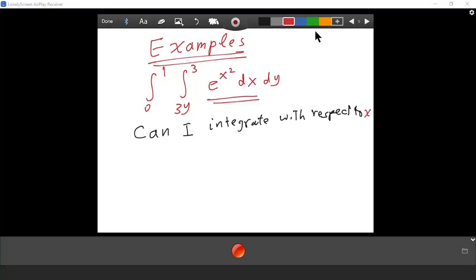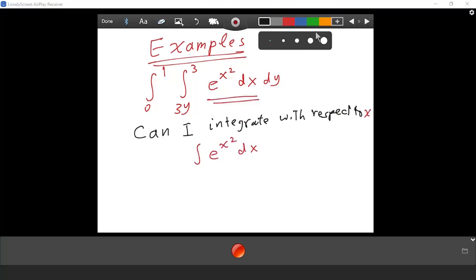Can we find the integration of e to the x squared dx? Can you do it by substitution? No. Can you do it by integration by parts? No. So yes, I have to do something different. I can start with y if I have a problem with x.